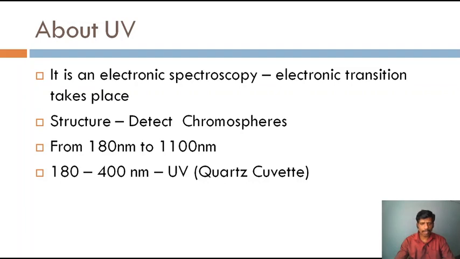region, where you have to use only a quartz cuvette to record the spectrum, because glass or plastics you cannot use, because glass will absorb at 200. In this region UV radiations are absorbed by glass, and therefore whatever you use, solvent or cuvette, all must be transparent in the range we are studying.